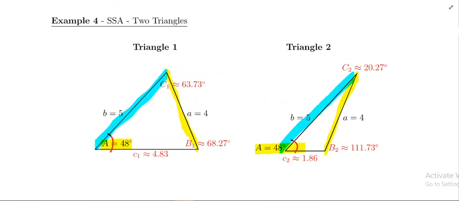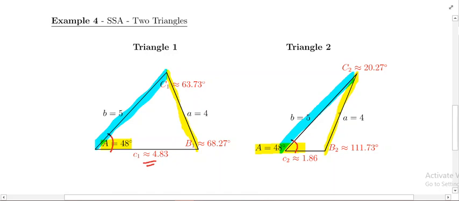But you can see the angles are differing. In triangle 1, angle B is about 68.27 degrees, angle C is about 63.73 degrees, and side length C is about 4.83 units in length.